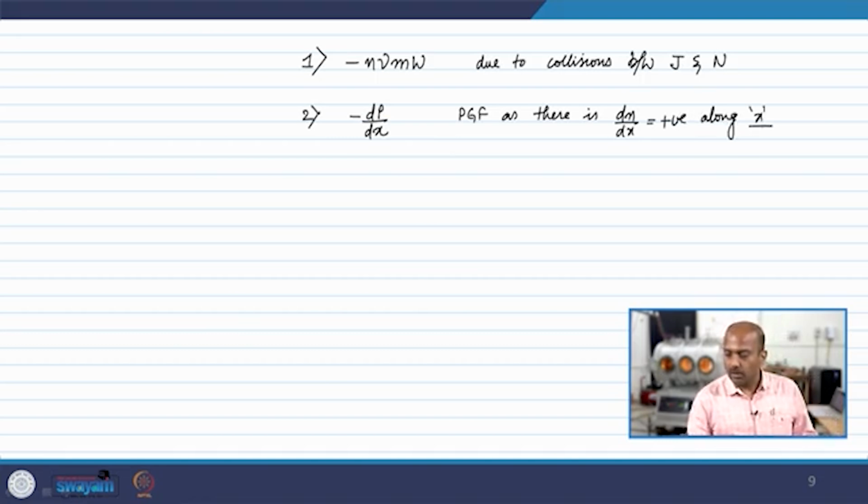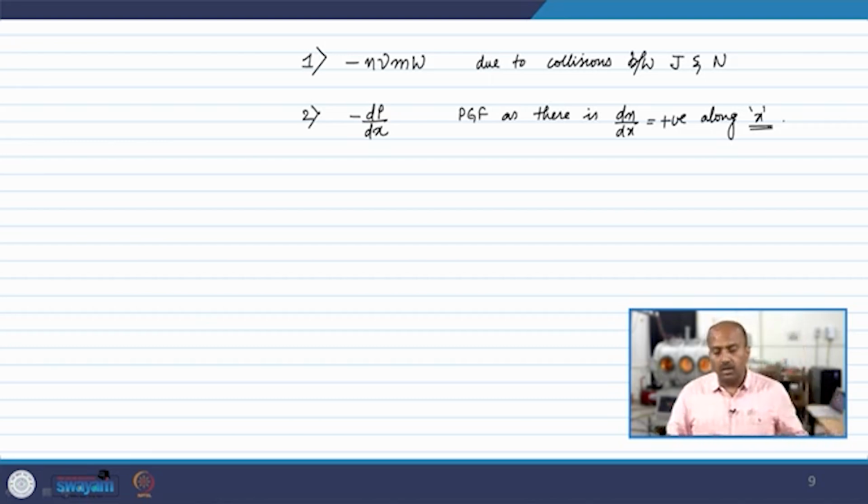Now, if you want the drift velocity W to remain constant, you would obviously expect that the opposing force, which is causing the minor gas species to be retarded because of the collisions, must be equally balanced with the pressure gradient force, which is due to the concentration gradient.